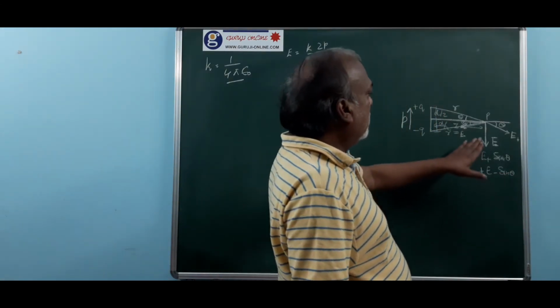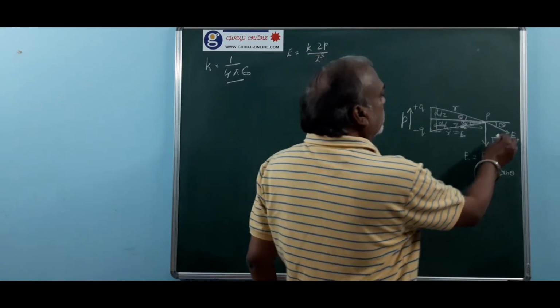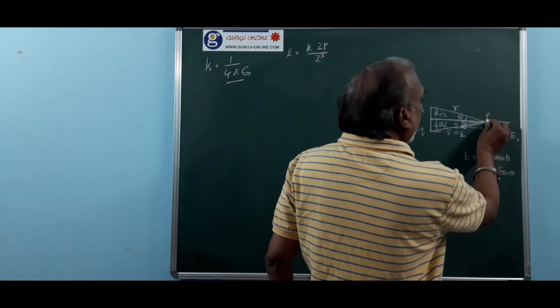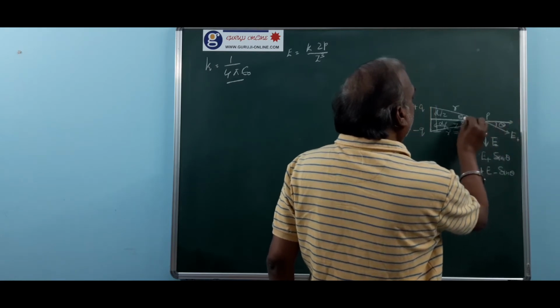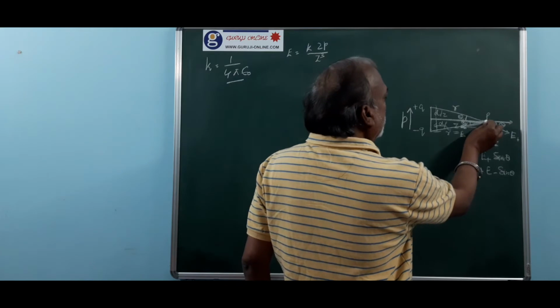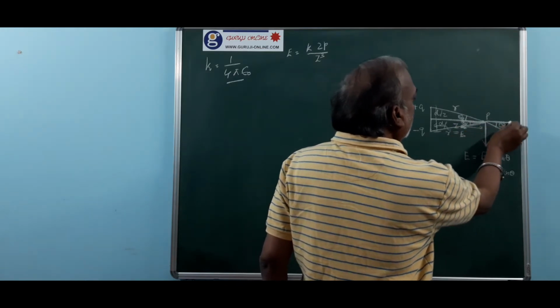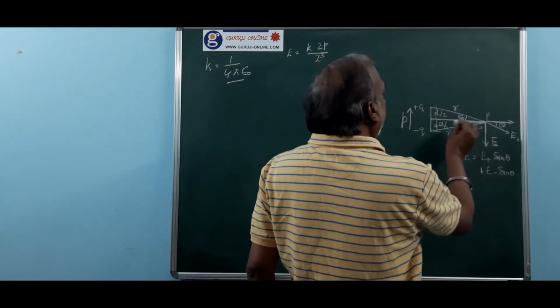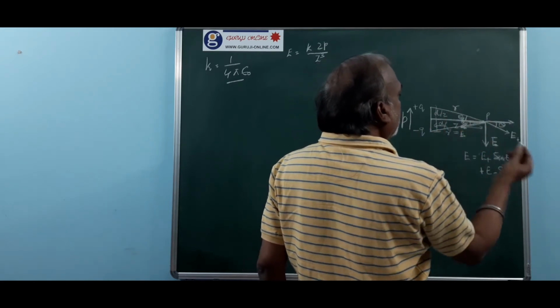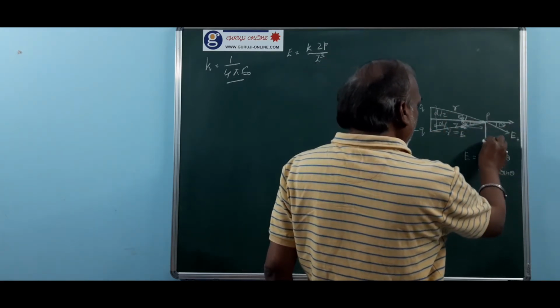Actually here, this will have these components, this can be resolved like this and like this. Now, these two components in this direction are basically equal because equal charges are there, so they will cancel out. So only the resultant will be like this.